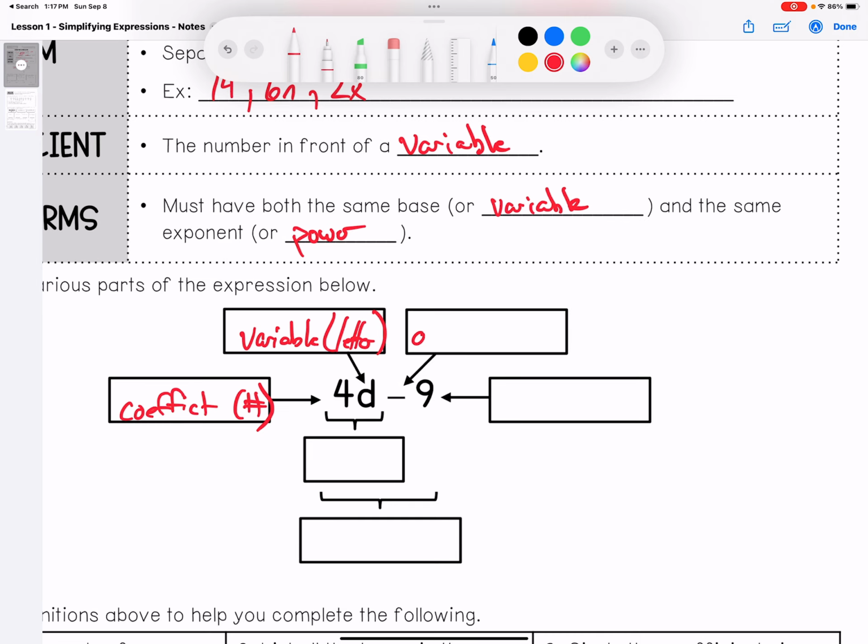The operator is this sign. The number by itself is the constant. All right, this whole thing right here, that is the term. And this whole problem here is the expression.